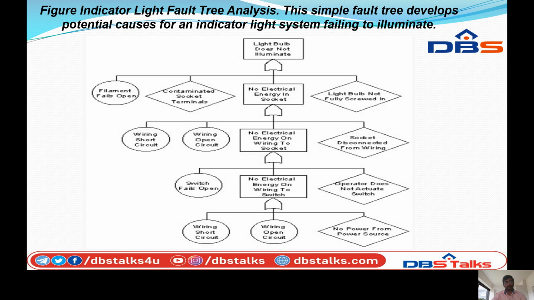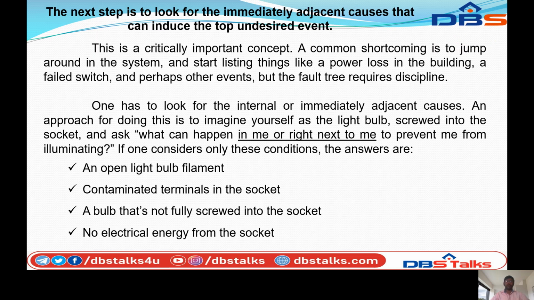The next step is to look for immediate, adjacent causes that can induce the top undesired event. This is a critically important concept. A common shortcoming is to jump around a system, start listing things like a power loss in the building, a failed switch, and perhaps other events, but the fault tree requires discipline.